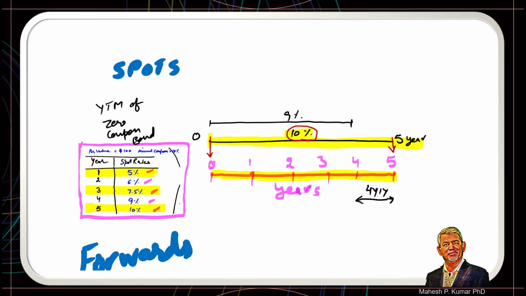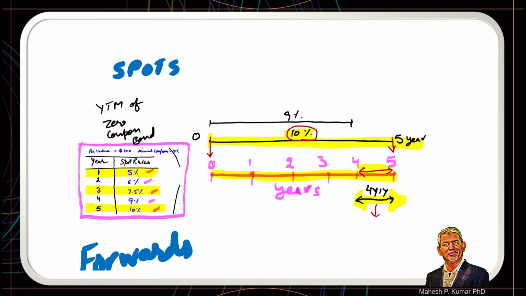Now suppose we are trying to understand the concept of forward rates here, right? We can start from here, for example. The forward rate for the 5th year is something like this: we are trying to analyze the 1 year forward rate 4 years from now. So 1 year forward rate 4 years into the future from now.